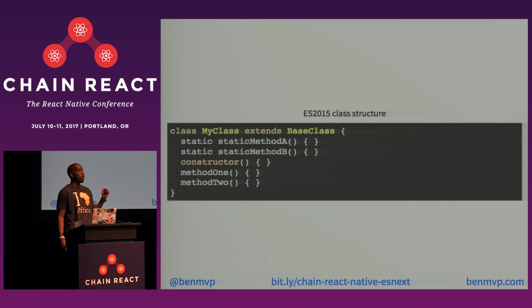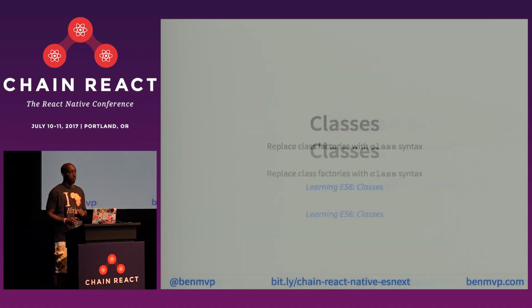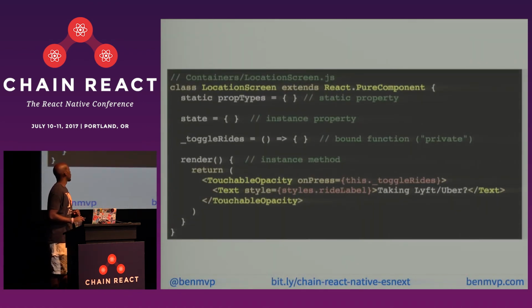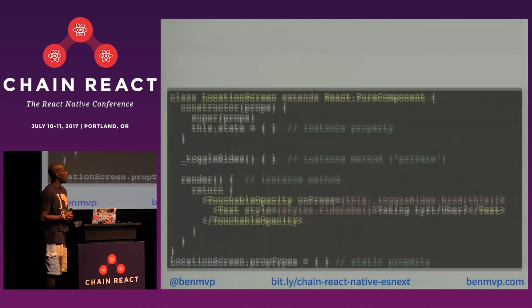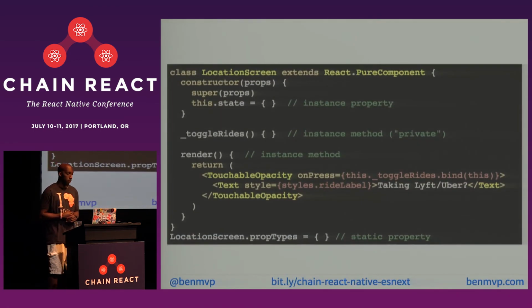So if we were to convert what we saw here into ES6 or ES 2015, just vanilla ES 2015, it will look like this. So now the prop types are defined and assigned down below here as the static property. The instance property state is assigned in the constructor there because there's no definitions for those.